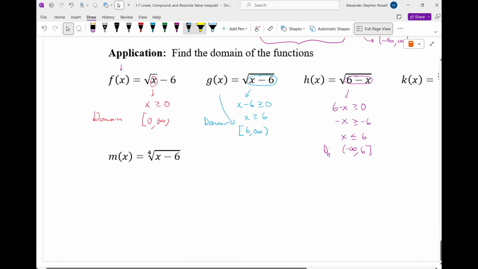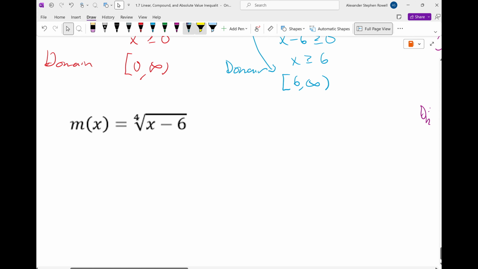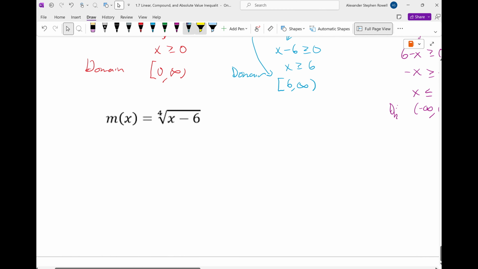Finally, we have m of x is the fourth root of x minus 6. And one way to think about this would be what to the power of 4 would give us x minus 6. Okay, and that's the m function. What is the value spit out? And it turns out you can't get a negative if you raise to the fourth power, just like a square.